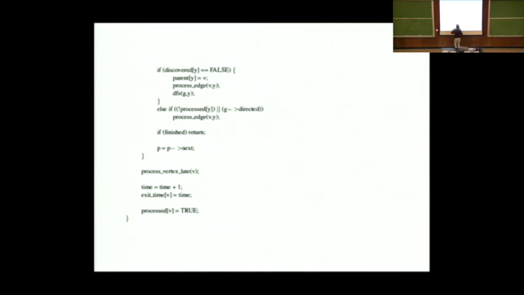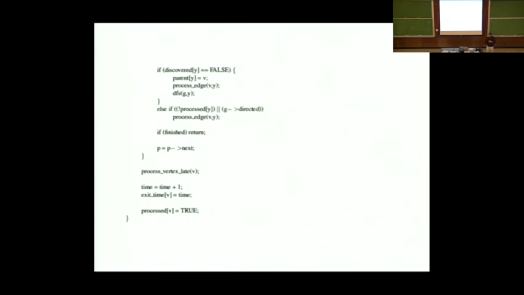So whenever a new vertex is discovered, we shift the attention of our search. Otherwise, we just keep cruising through that loop that is going through the adjacencies of our current vertex. Oh, it goes back to somebody. Any questions?